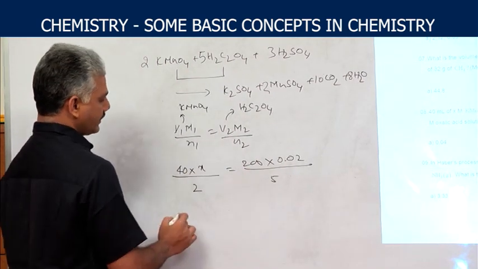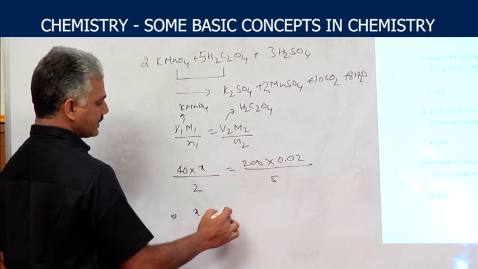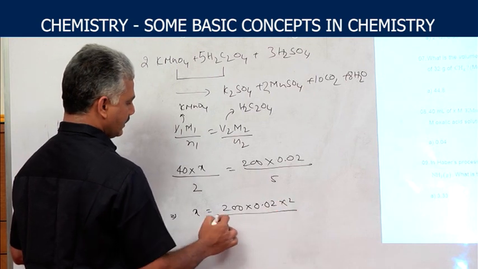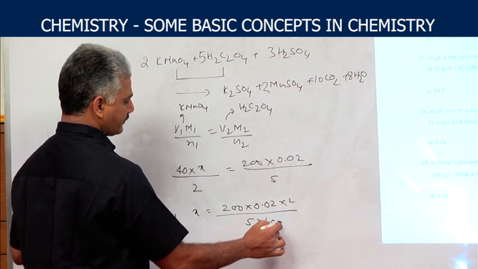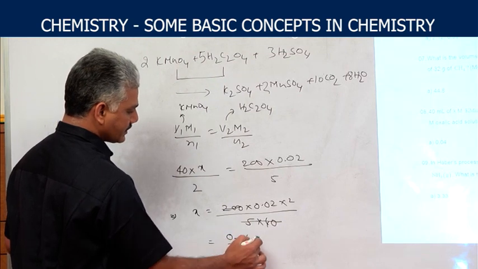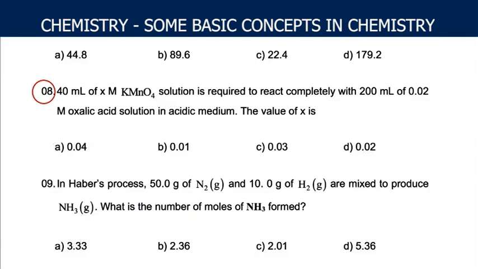So, from this, X value is equal to 200 into 0.02 into 2 by 5 into 40. The value comes out to 0.04 M. So, the first option will be taken as the correct answer for question number 8.